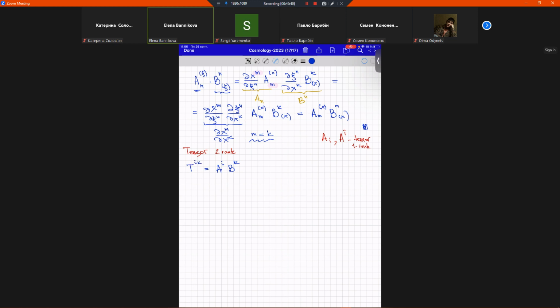So we have two indexes on the right, and we have two indexes on the left. Again, we keep the upper indexes on the right side and correspondingly on the left side. If we recall the transformation of these vectors from one reference system to another, let's put C here, here, and here.